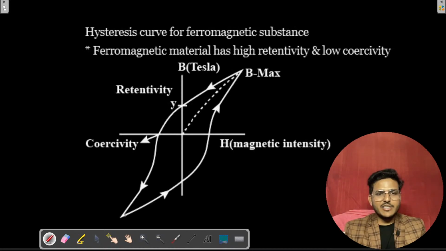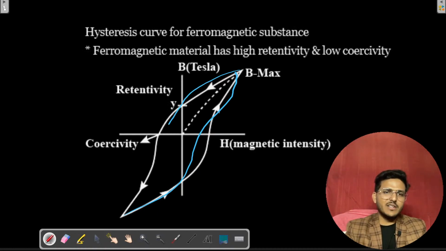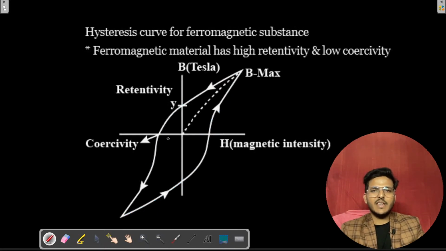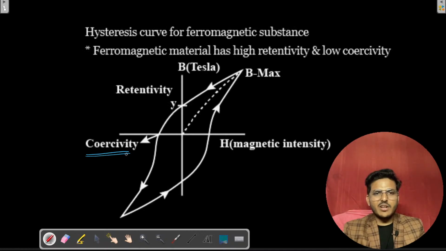In magnetization, we have this curve, but in demagnetization, we have this curve. So in magnetization and demagnetization, there are two different paths. So this one is called coercivity. All right.